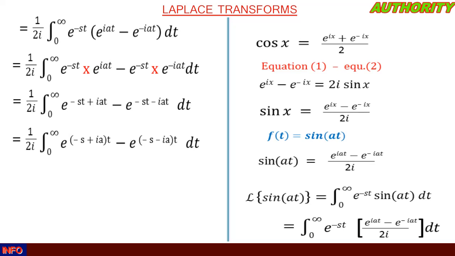Applying it inside, we are going to have 1 over 2i, open bracket, the integral of e raised to the power of open bracket minus s plus ia, close bracket, t, dt, minus the integral from 0 to infinity of e raised to the power of, we factor out the minus, minus open bracket s plus ia, close bracket, t. Okay, we have the t. Now from here we can integrate properly. So integrating properly, here is what we are going to have.